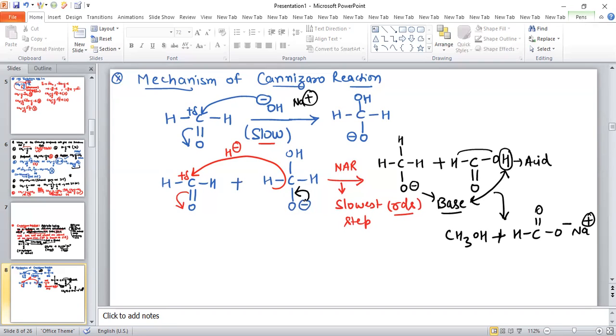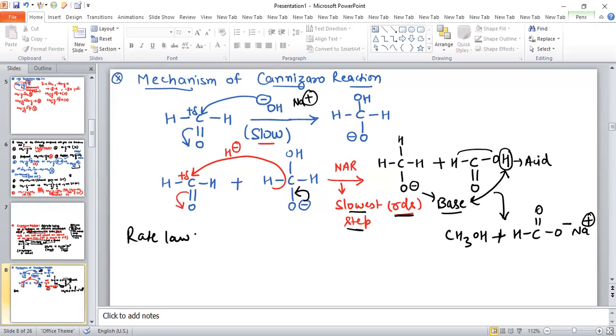Now we can say this step is the slowest step, or RDS step, meaning rate determining step. So the rate will be decided by this step, and I am writing the rate law of this reaction.